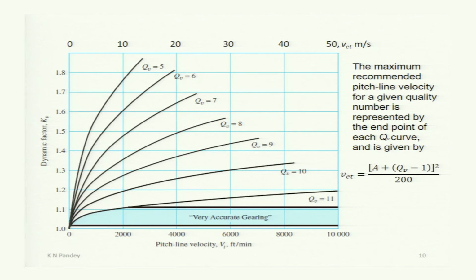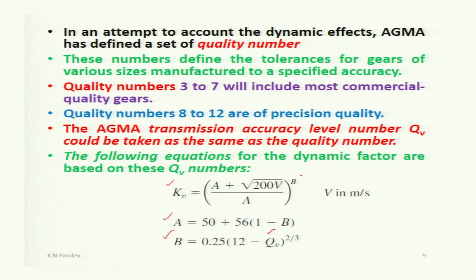Now, this figure shows the way the dynamic factor Kv can be determined, knowing the pitch line velocity in meters per second and the quality value or quality number. These curves are just obtained from this equation.